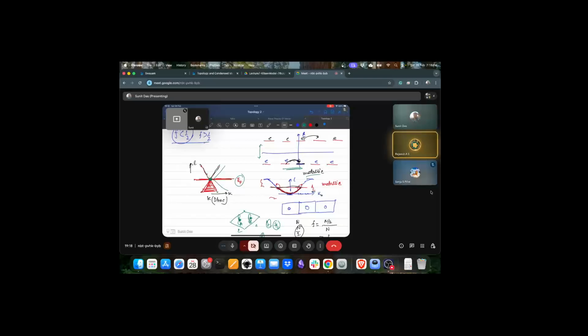Here, what is less than half filling and more than half filling? What is the difference? You always talk in terms of the lower energy level. So whenever the filling is greater than half, that means the number of occupied states is, let's say, and the total number of states is always 2n for our case.